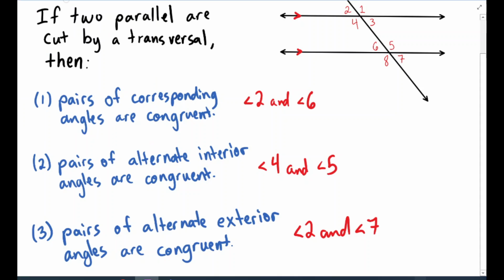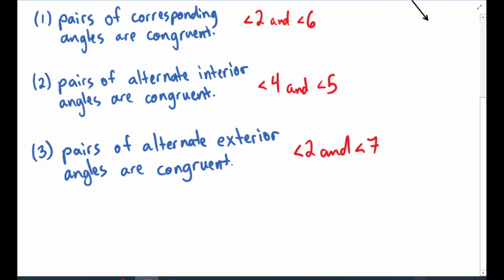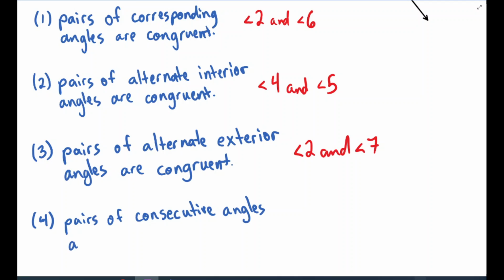The last theorem for this will be that if two parallel lines are cut by a transversal, then pairs of consecutive interior angles are supplementary. Consecutive. Supplementary.